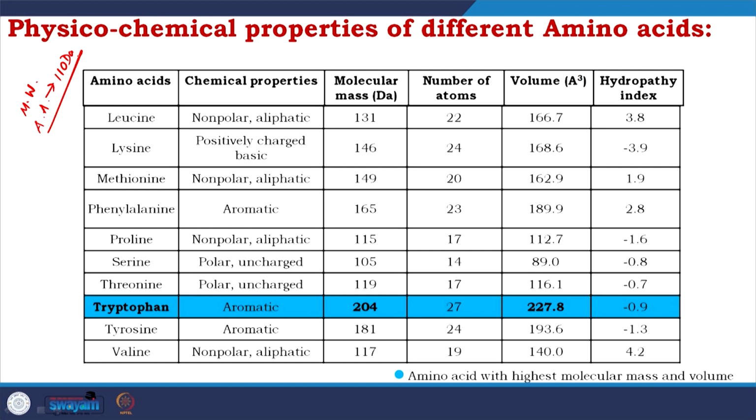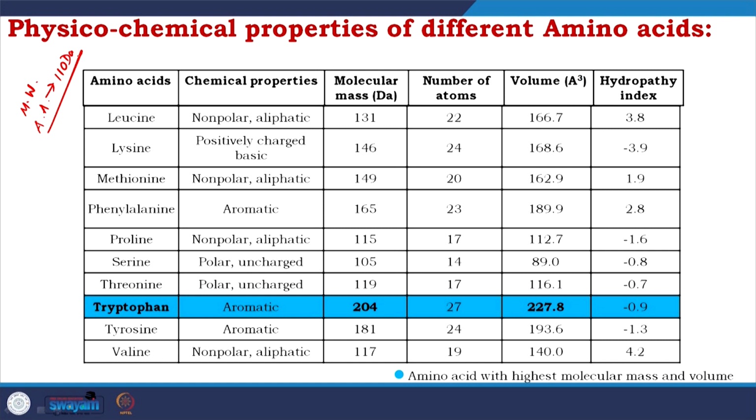Number of atoms for leucine 22, lysine 24, methionine 20, phenylalanine 23, proline 17, serine 14, threonine 17, tryptophan 27, tyrosine 24, valine 19. Volume, they are in angstrom cube.